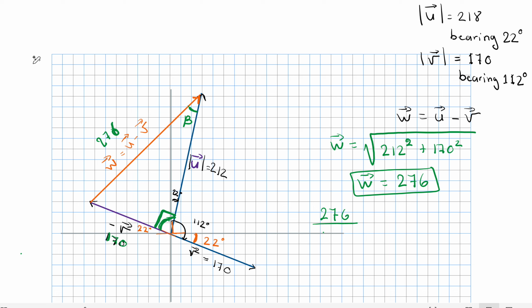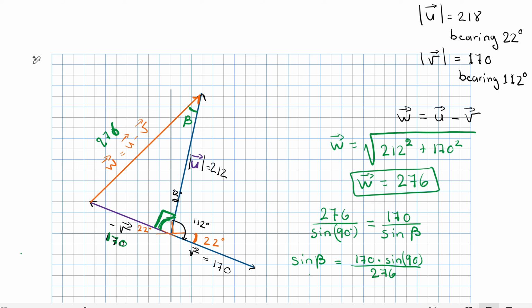276 over, and the angle across is my 90, so the sine of 90 degrees has to be equal to 170 over the sine of beta, and beta is what I'd like to find, so I'm going to cross multiply this. So I'm going to have sine of beta equals 170 times the sine of 90, which is really just 1, divided by 276.